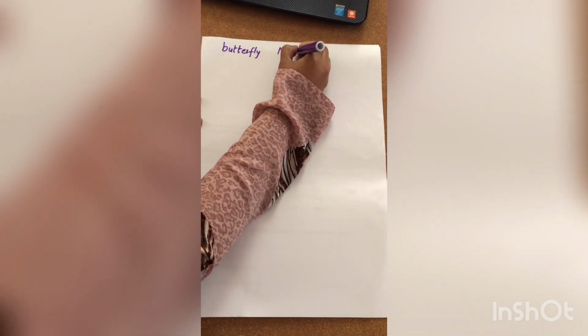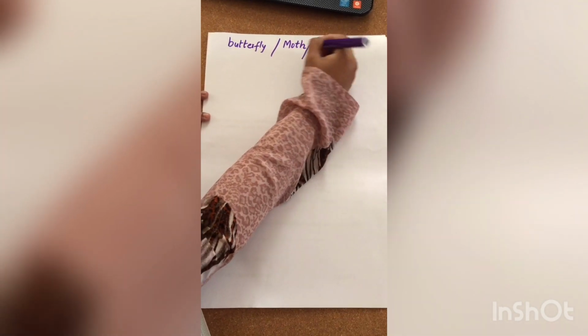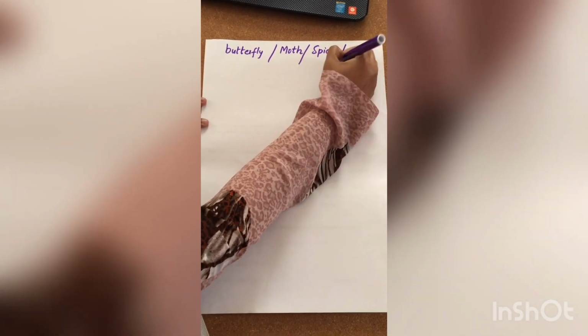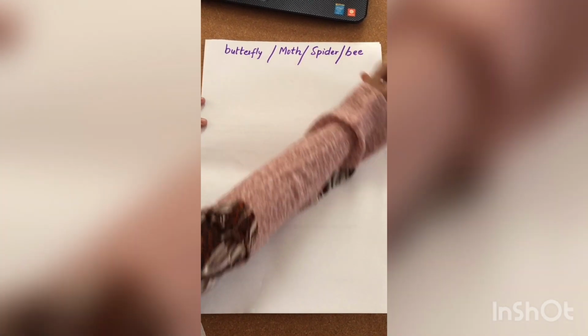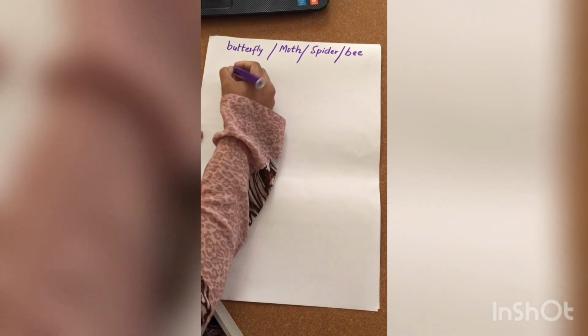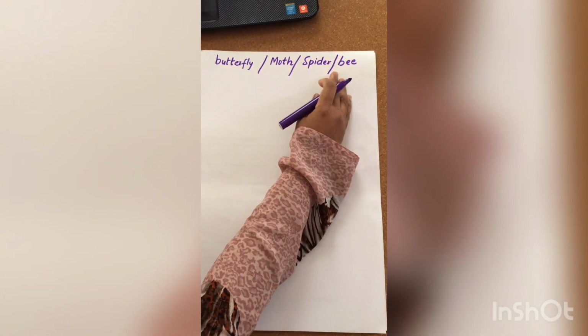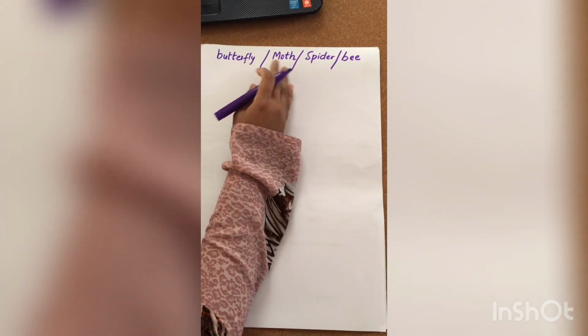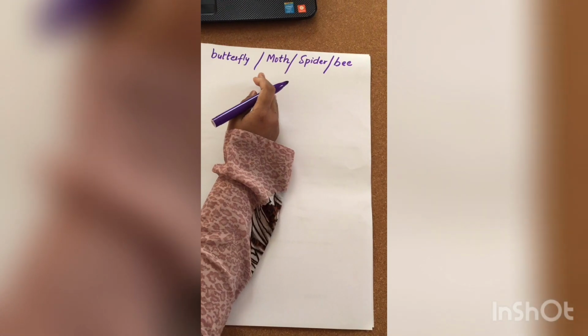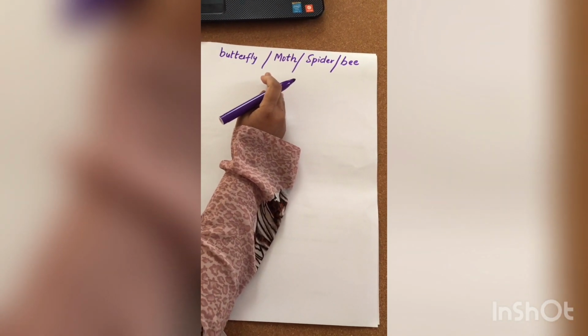moth, spider, and bee. Now, when we are solving, like we have four animals in front of us, you should choose their unique characteristics.